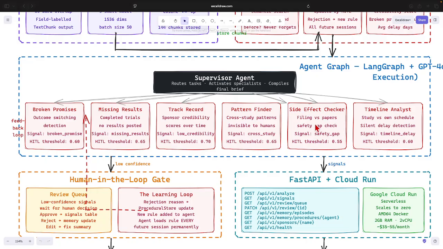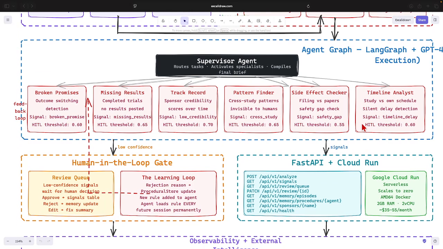As the name suggests, it is just going to check, as we discussed. All right. Next is the timeline analyst. The timeline analyst checks whether studies are completing on their own stated schedule, or if there is any delay with no explanation. So it's just going to check whether a research is published in the given time slot or not.